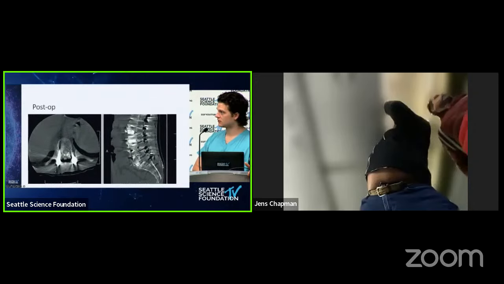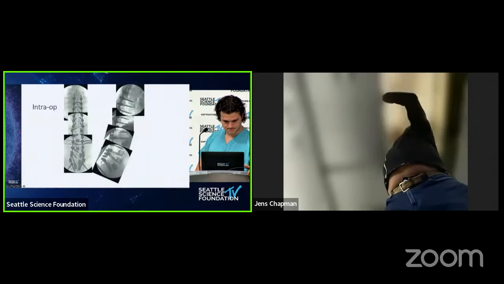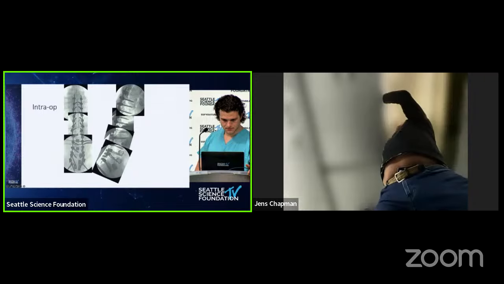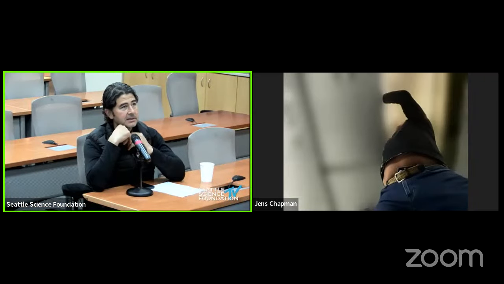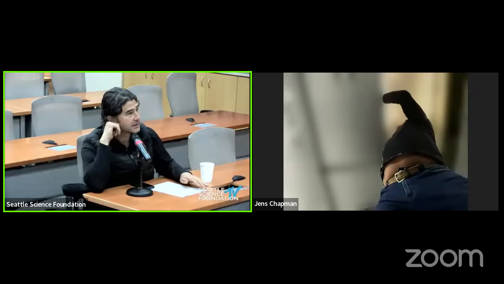Postoperatively, here's his scans. So David, just go back to the original films. I think this is an important part of the discussion. Jens, this is your patient. Go back to the original scoliosis x-rays.